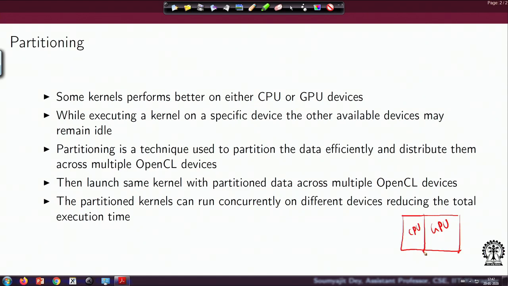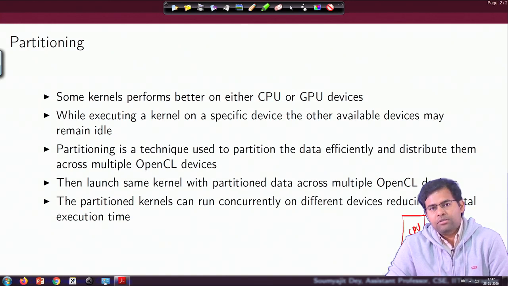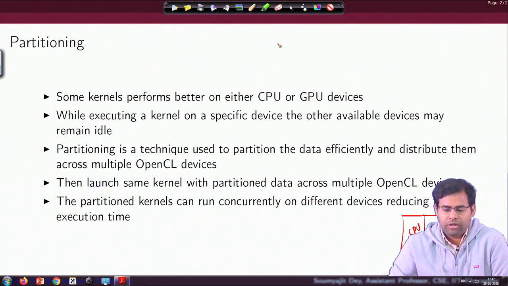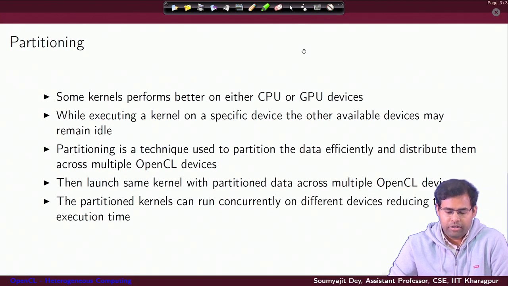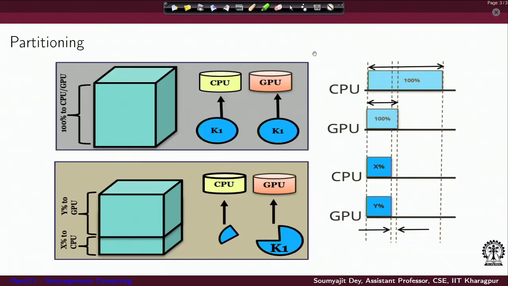So, when you partition kernels for this class of devices, the data transfer overhead is not there, so the calculations have to be done in a different way. All this points to the idea that maybe in certain cases it makes sense to partition the data space and launch multiple kernels in case you have multiple devices which are freely available in the system. Okay. So, with this motivation, let us go forward and see how this can be done.